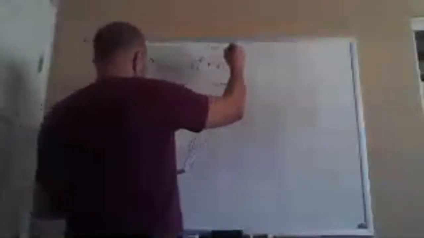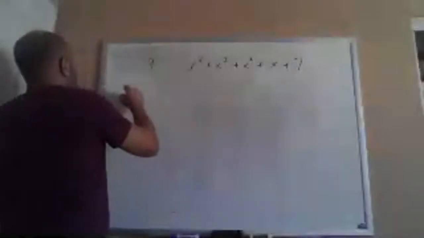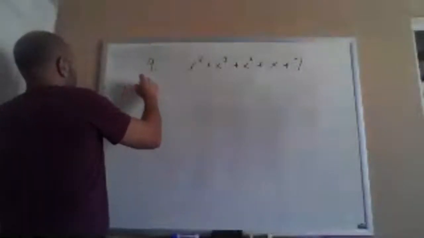So number 9. Similar type problem. So we have x to the 4th plus x to the 3rd plus x squared plus x plus 7. Since you guys only had a few questions today, let's make this the attendance problem.